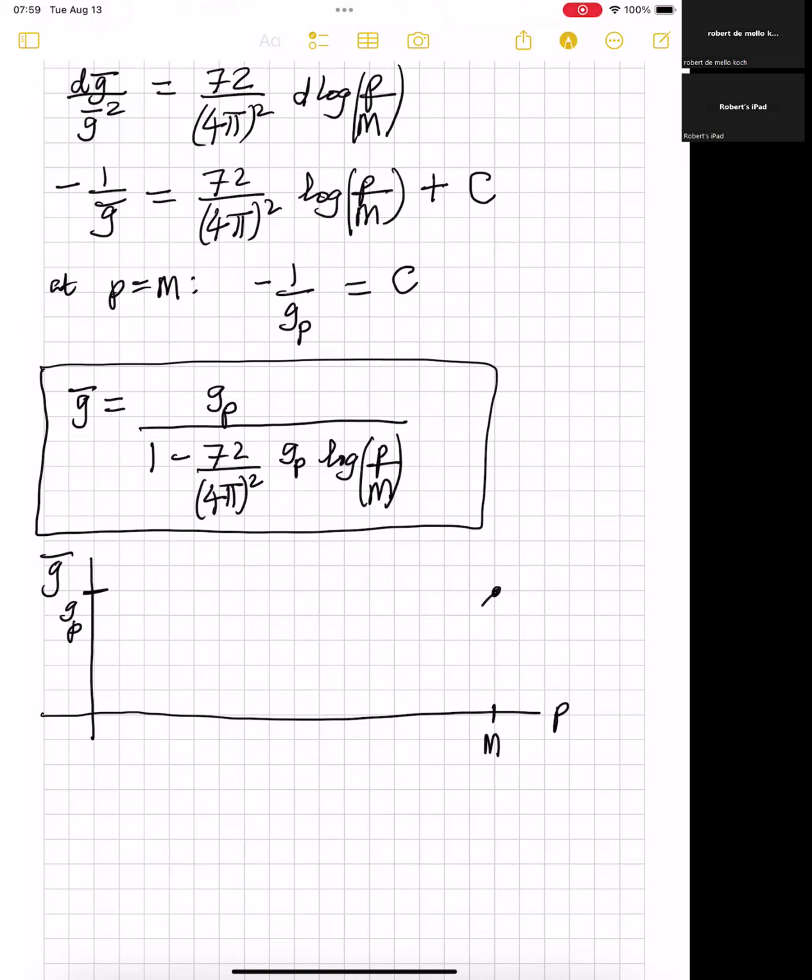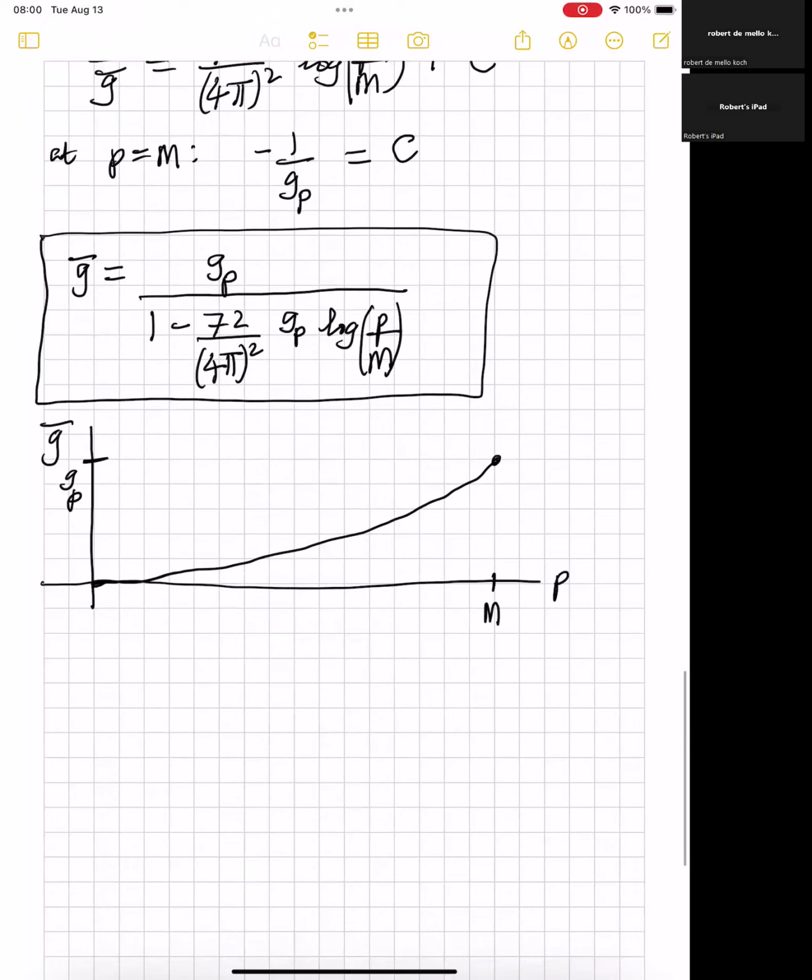It gets logarithmically smaller, and in fact, it flows towards 0 at the origin. So the coupling would actually hit the value of 0, according to this function, at the origin. So we can say it flows to 0.